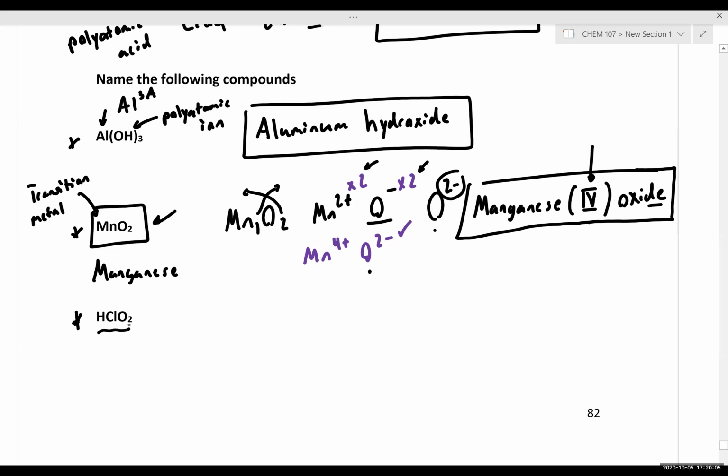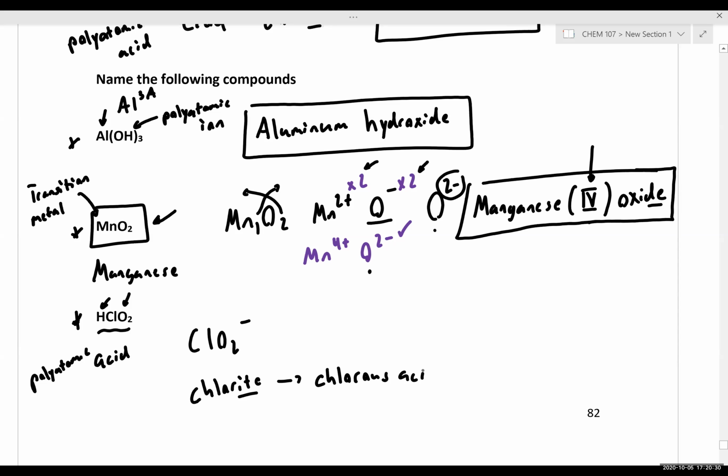So looking at the next portion of this example, HClO2. HClO2, this is an acid. More specifically, it's a polyatomic acid. We have hydrogen and a polyatomic ion. So looking at our polyatomic ion, ClO2 is known as chlorite. -ite turns into -ous, so this turns into chlorous acid.